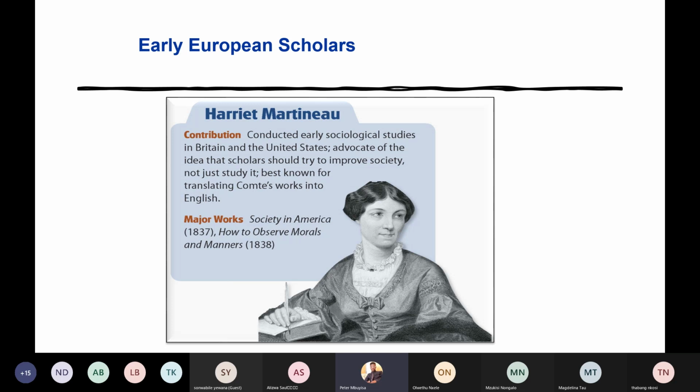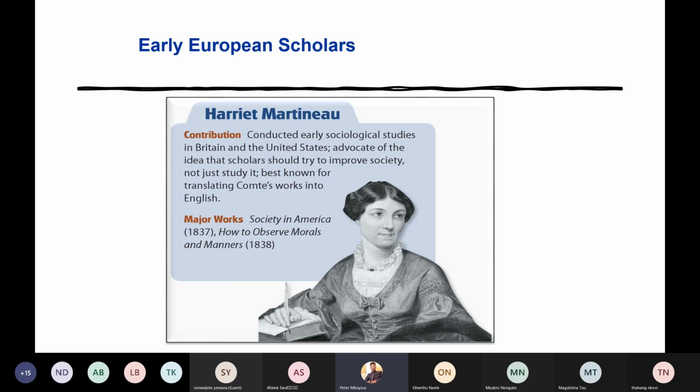So, in a way, she was introducing new ideas, to say we don't just want to understand society, but we want to solve society's problems through the use of the data or the knowledge that we gather from it. She was also famous for translating Comte's work into English, because it was not in English at first.